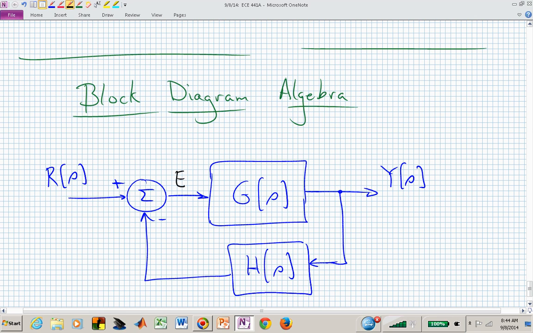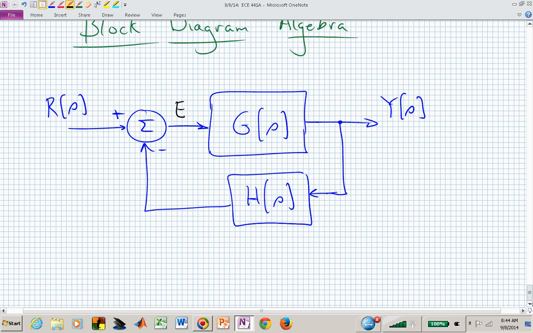What's the overall transfer function in terms of G and H between R and Y? This is something we would call the closed loop transfer function in this classical block diagram configuration.